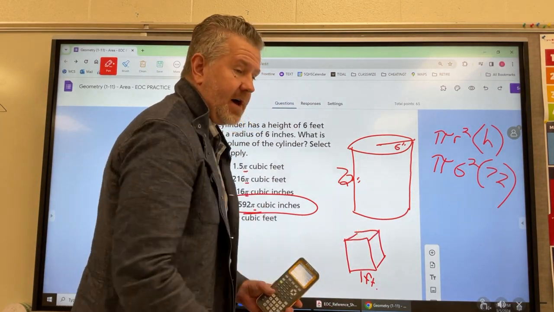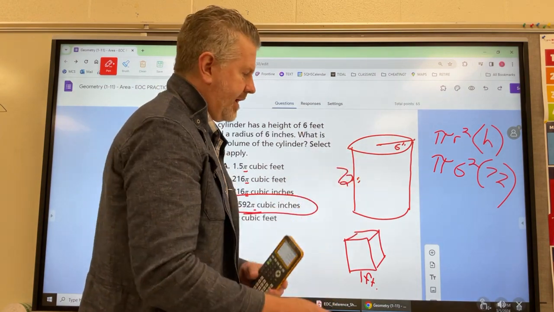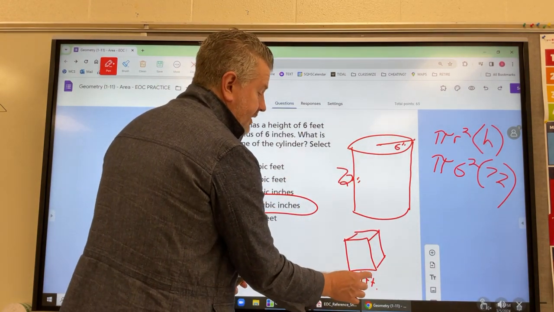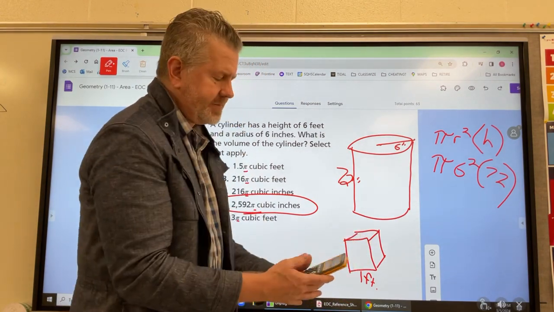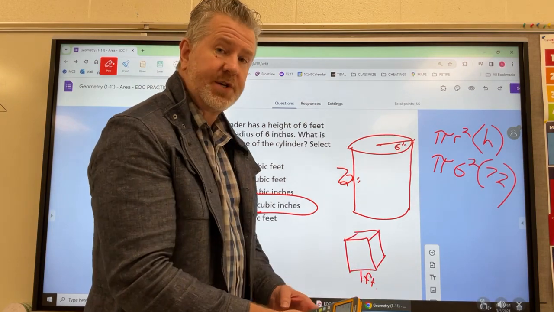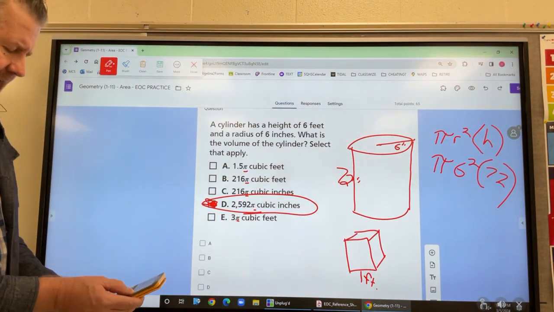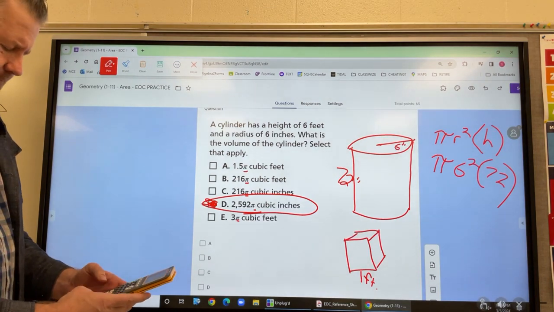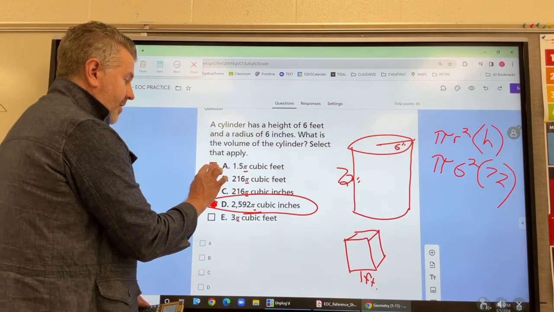And the volume of a cube is length times width times height, or whatever orientation it is. So 1 times 1 times 1 would be 1 cubic foot, but 12 times 12 times 12 is 1,728 cubic inches. So we could just take our answer that we already have and divide it by 1728, and we get 1.5 cubic feet.